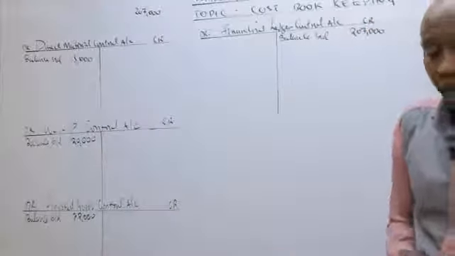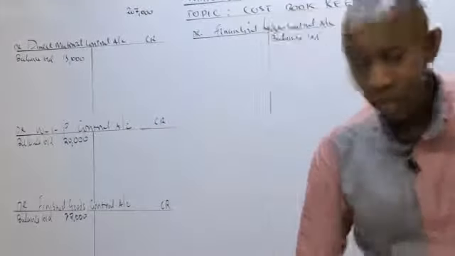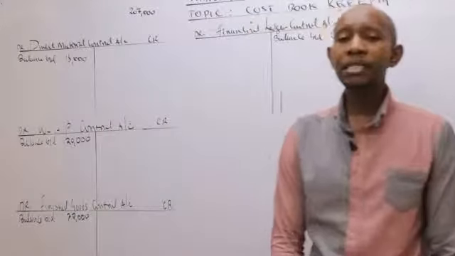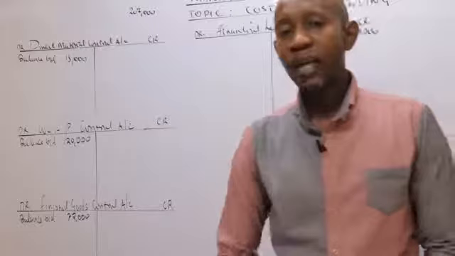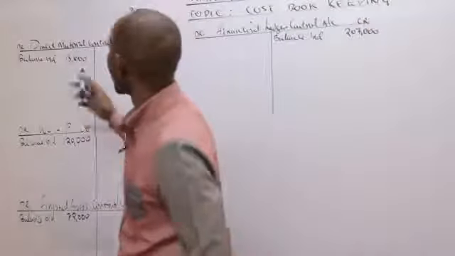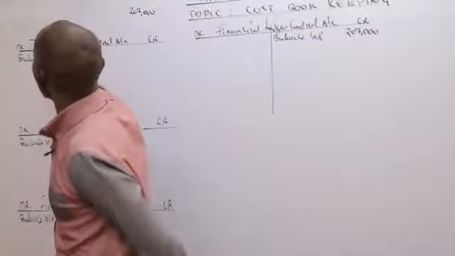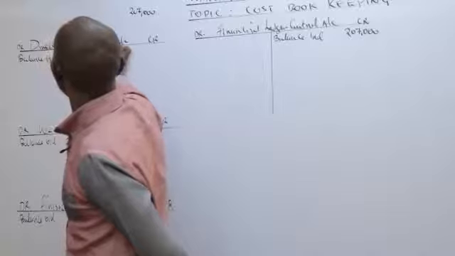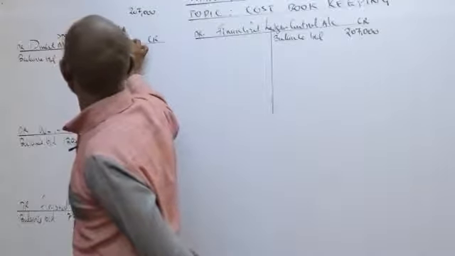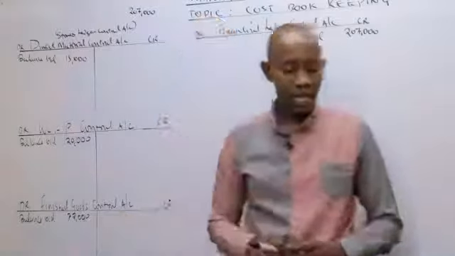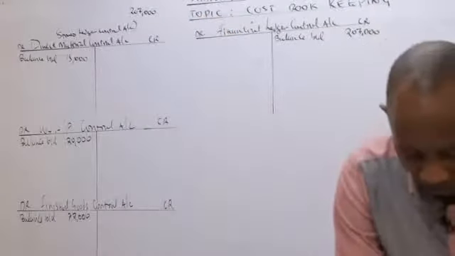So if you are okay up to that point, I can proceed to show us how to write the material account. If you like, you can call it the stores ledger control account.